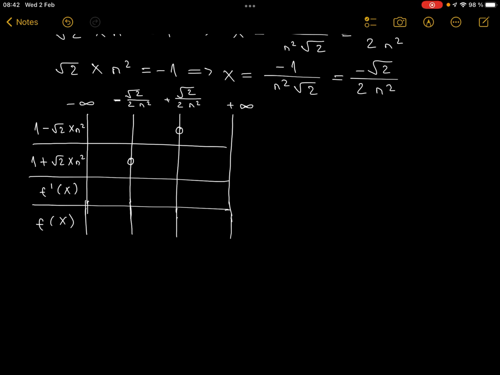Okay, so since we've got a negative in front of the x here, it's going to be positive before its zero, and then after that it's going to be negative. Now here it's going to be negative, and then afterwards it's going to be positive.